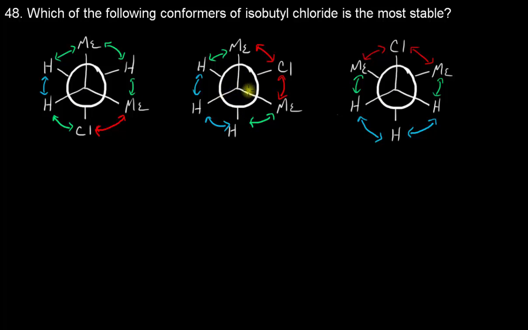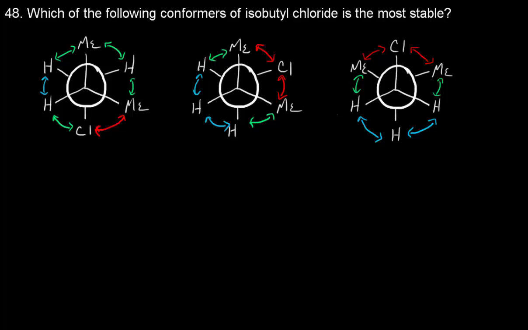Okay, so basically these two are the same in energy, and if you compare how many red arrows you have on these two versus how many red arrows you have on this one, you really only have one relatively bad interaction in this case. So overall, these two on the right are going to be pretty unstable, and the molecule on the left is definitely going to be way more stable than the other two in terms of gauche or destabilizing gauche interactions.